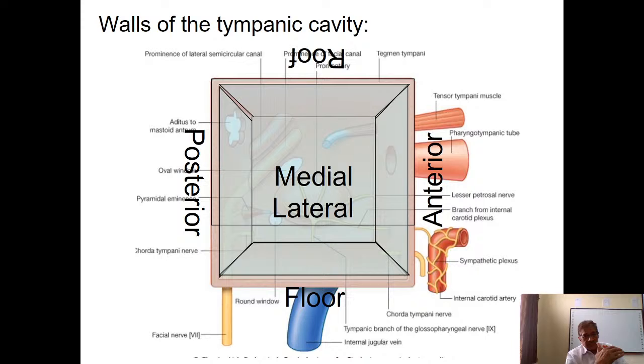It also extends further backwards into the tegmen antri, that is above the antrum, also the mastoid cavity. This thin plate of bone is part of the temporal bone, which separates the middle ear cavity from the middle cranial fossa.